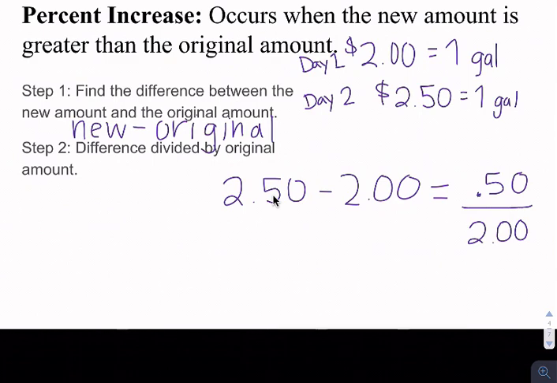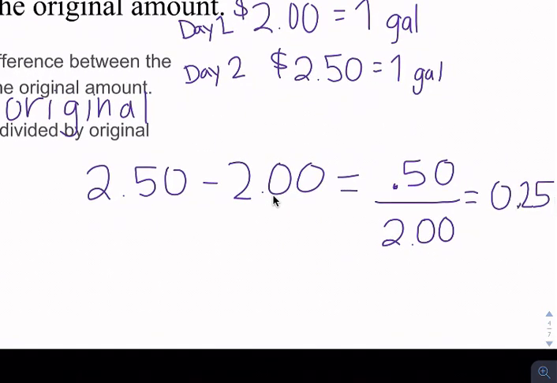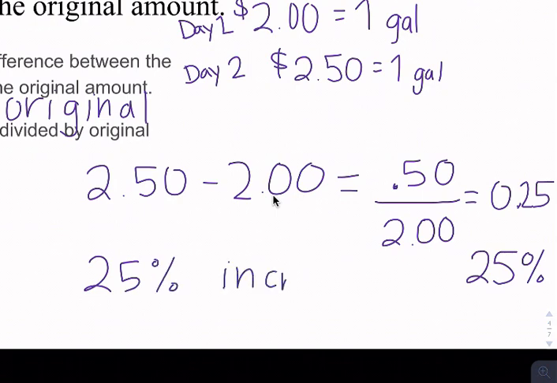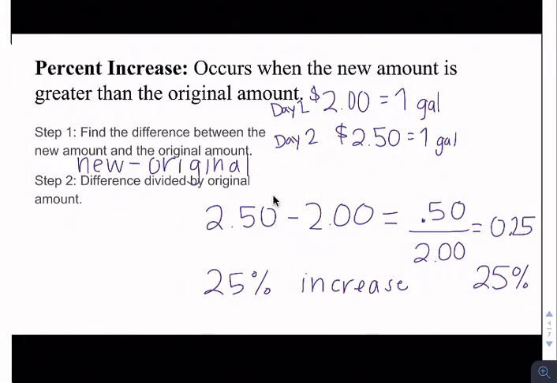And if we do that, we get 25 hundredths, which that decimal is the same as 25%. So we have a 25% increase. That is our percent increase.